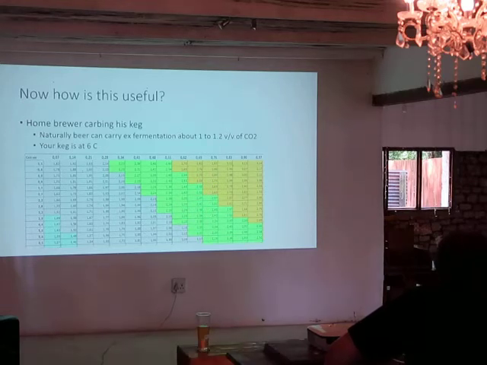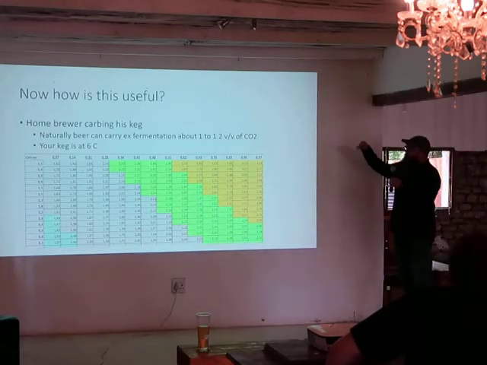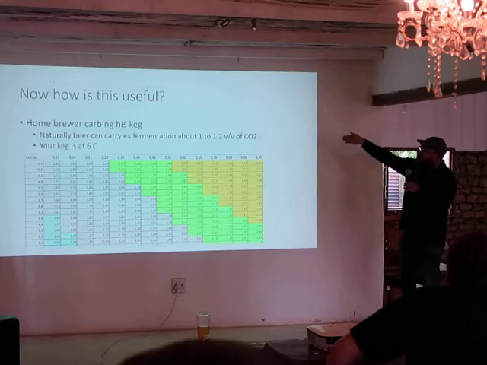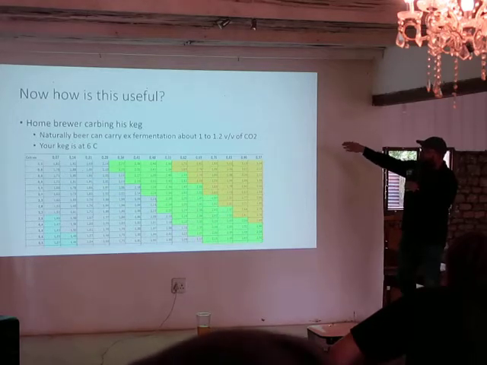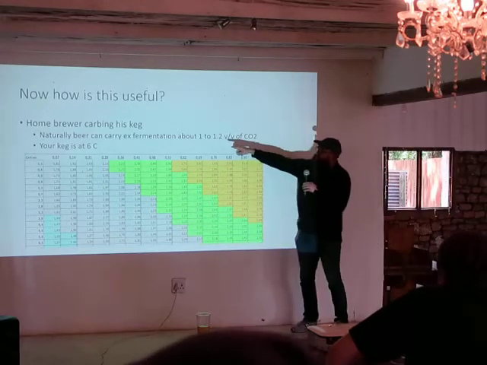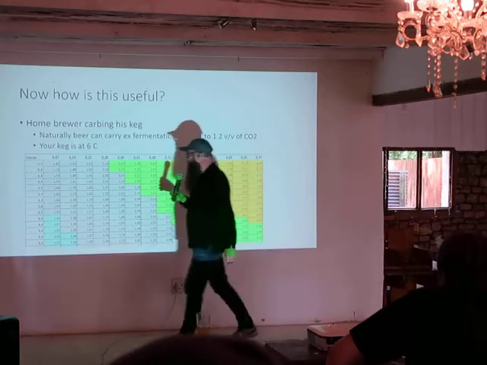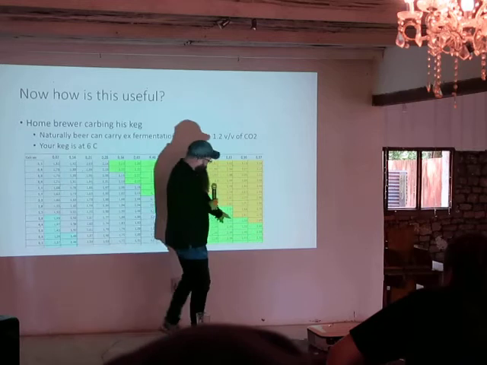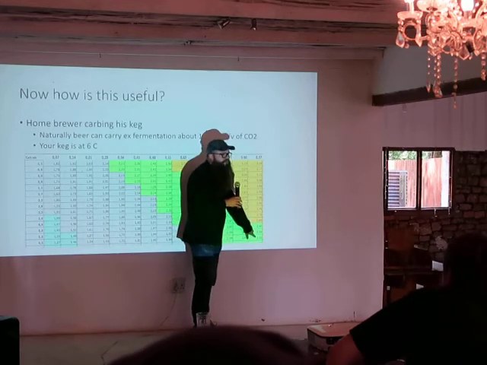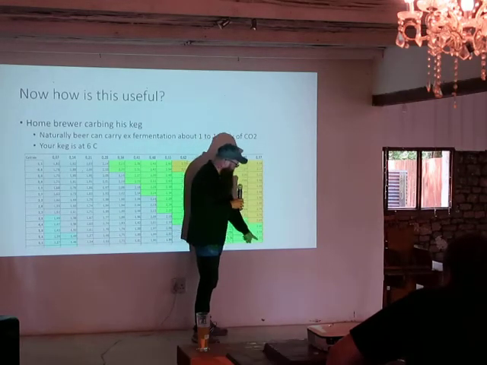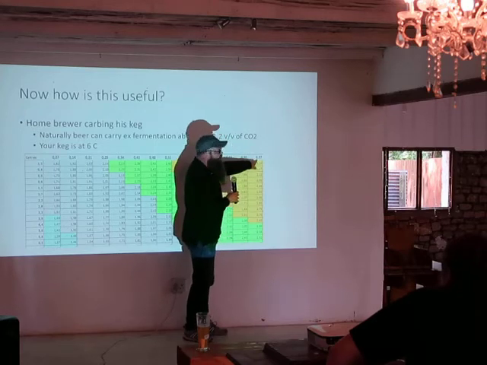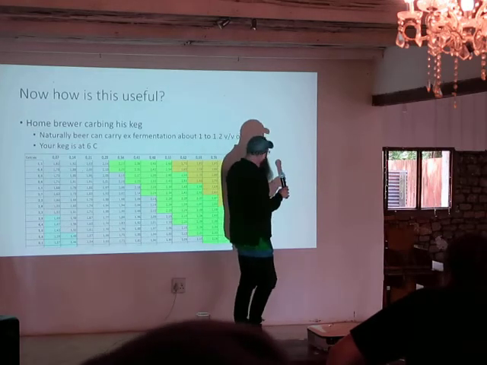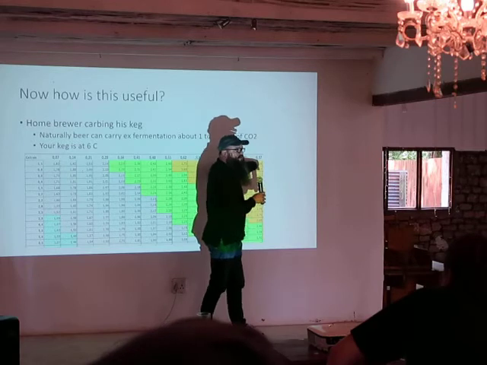If you want to bring it up to about 2.5 volumes, in this case we said the keg is at 6 degrees Celsius, so it's down here, and I want about 2.5 volumes of CO2, it'll be in equilibrium at basically 1 bar.